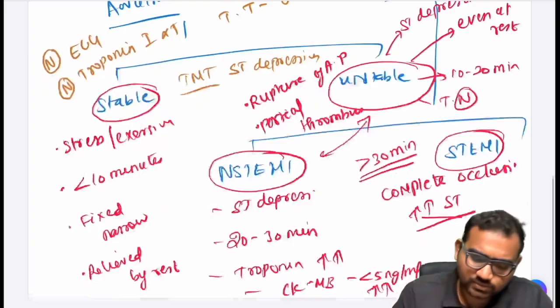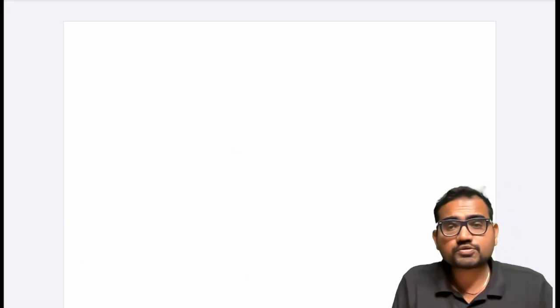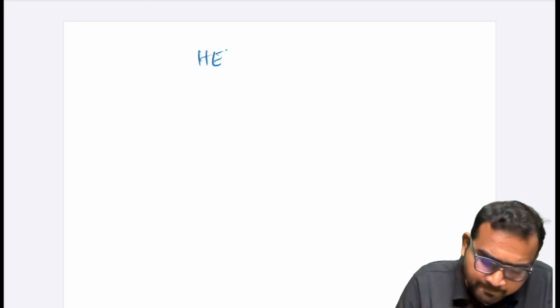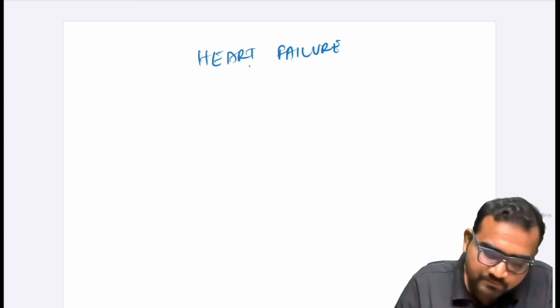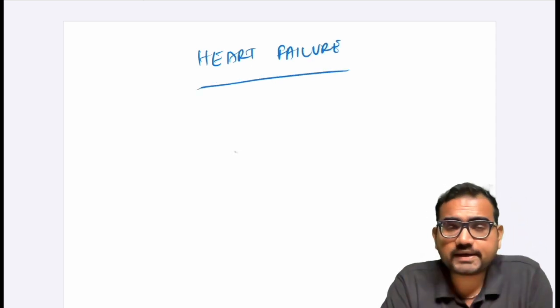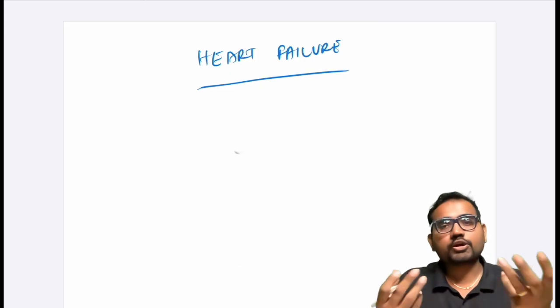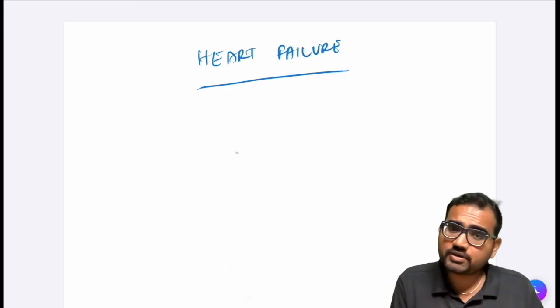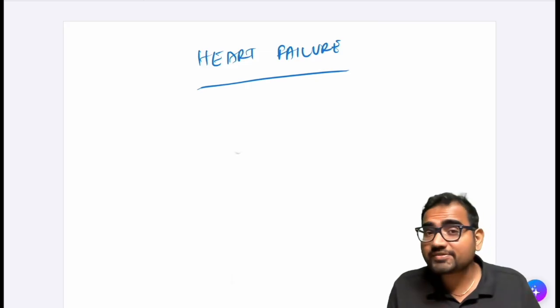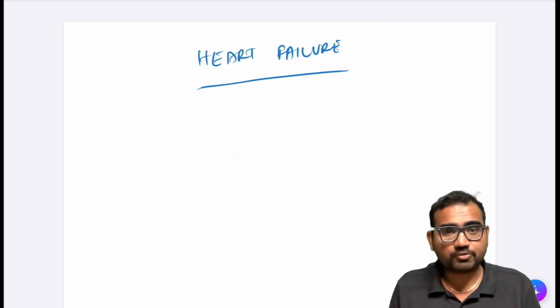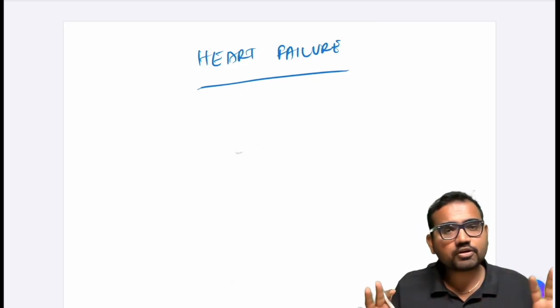The next disorder we are going to see is heart failure. In heart failure, the heart cannot pump adequate blood into the body, or cannot receive blood, or after receiving it cannot pump it into the body. So basically it is a failure of pumping.